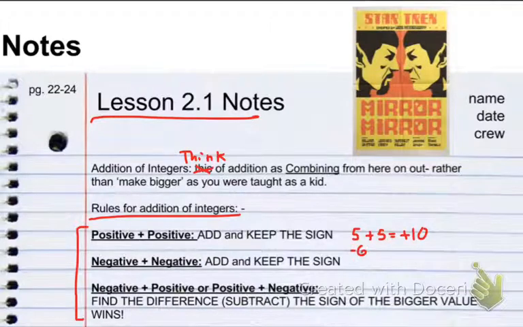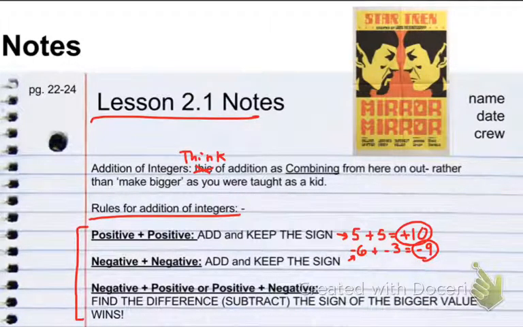If I have negative 6 plus a negative 3, I will get a negative 9. Okay, I added, but I have kept the sign. They stayed positive or they stayed negative. Now if it's a negative plus a negative, you add and keep the sign as well. Just like this.